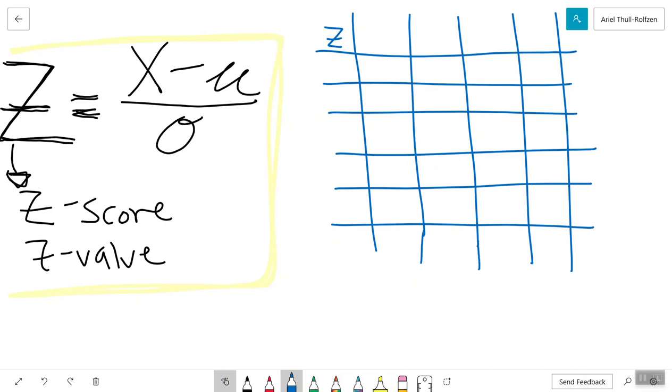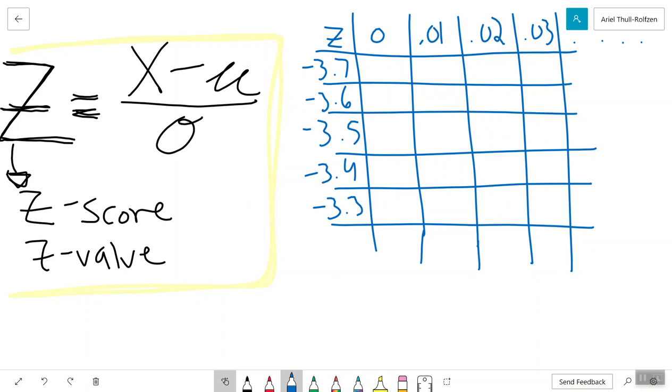So along the top, you're going to see 0, 0.01, 0.02, and 0.03, and it's going to go on, but I'm just summing this up for learning purposes. And at the very beginning, you're going to see negative 3.7, negative 3.6, negative 3.5, negative 3.4, negative 3.3, and I'll go down to negative 3.2.